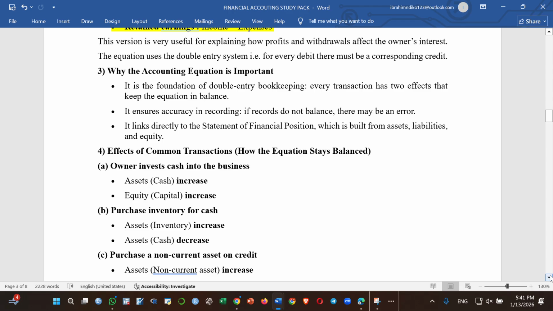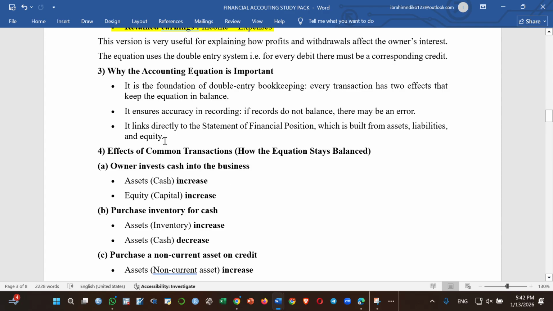Number two, this accounting equation ensures accuracy in recording by making sure that the accounts balance. It is this equation that makes sure the accounts balance. And then number three, it links directly to the statement of financial position, which is built from assets, liabilities, and equity.